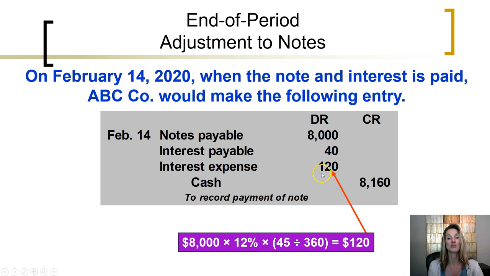They also need to pay the interest incurred from January 1st through February 14th, which is 45 days. Face amount of the note times the stated interest rate times the fraction of the year, 45 out of 360 days. They will need to pay an additional $120 for 2020's interest expense. Total cash paid, credited, of $8,160.